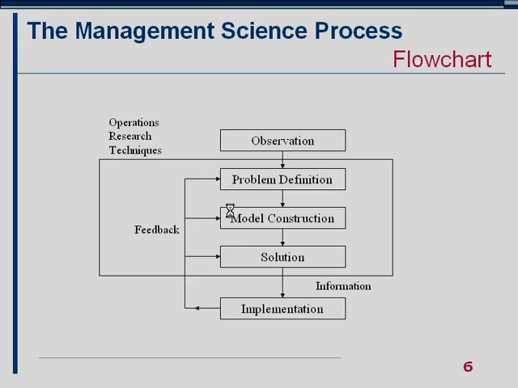We may realize that we've made a mistake in our model construction. In trying to get a solution to our problem, we may realize that the way we have constructed our model makes it extremely difficult to obtain an optimal solution. Maybe, for example, we had some nonlinear objective functions or nonlinear constraints in our model, and we realize that these are going to make it extremely difficult to solve our problem.